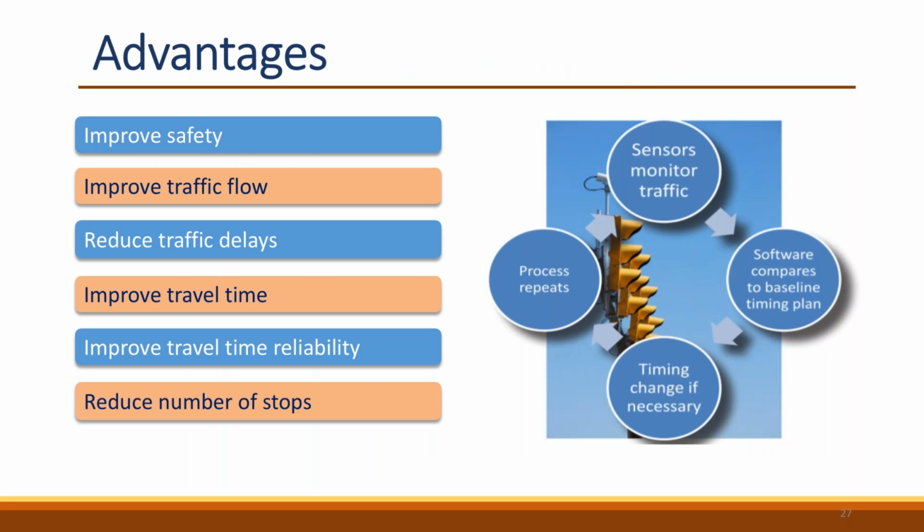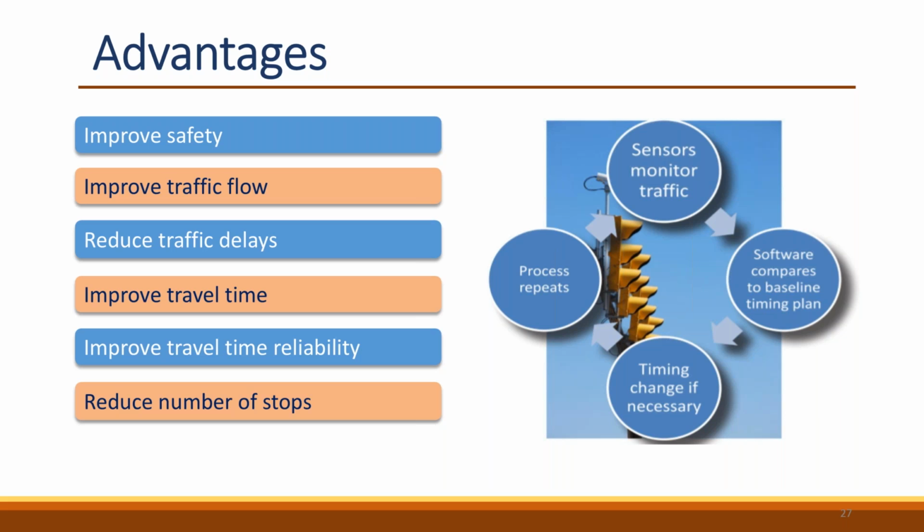At a very high level, how it works is we have sensors that monitor traffic, and depending on that, they change the signal timing plan, and then the process continues. The advantages are both in terms of safety and mobility.